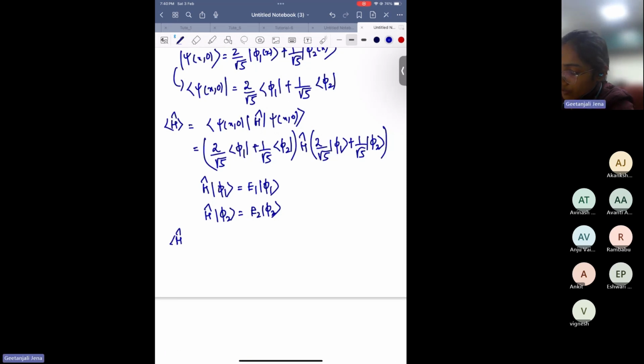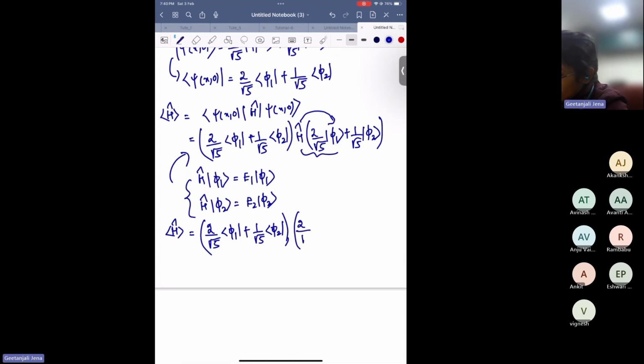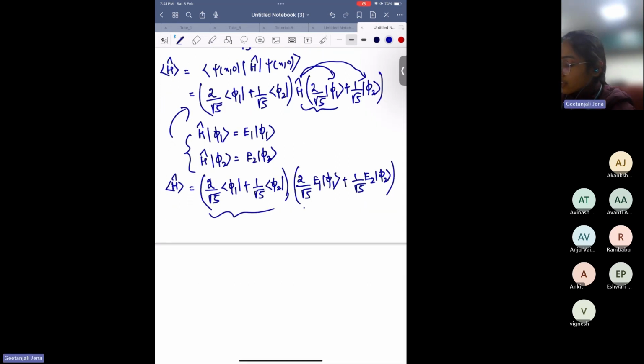Put this in this form: root over 2 by root 5 phi 1 plus 1 by root over 5 phi 2. Then when the Hamiltonian operator acts on this, it will give 2 by root 5 E1 phi 1, and 1 by root 5 E2 phi 2. So you have two terms here.